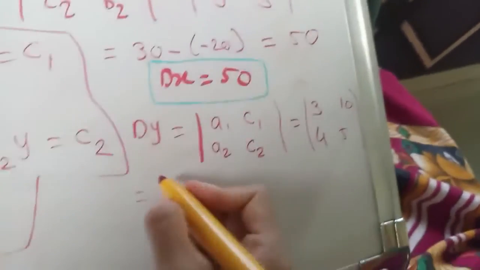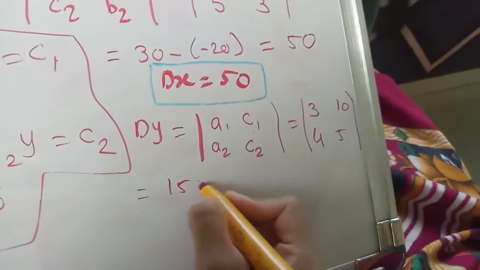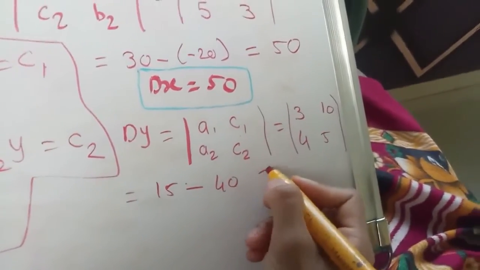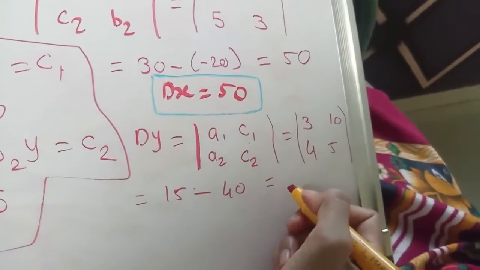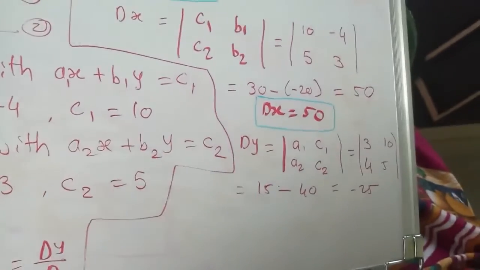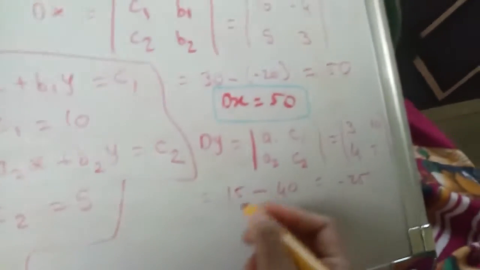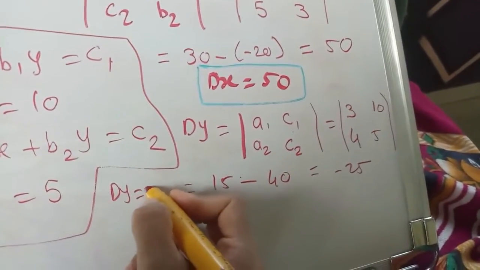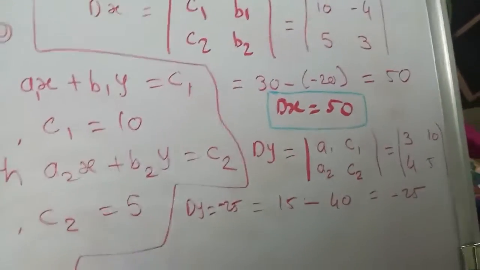So 5 into 3 is 15 minus 10 into 4 is 40. So 15 minus 40 is equal to minus 25. So dy is equal to minus 25.